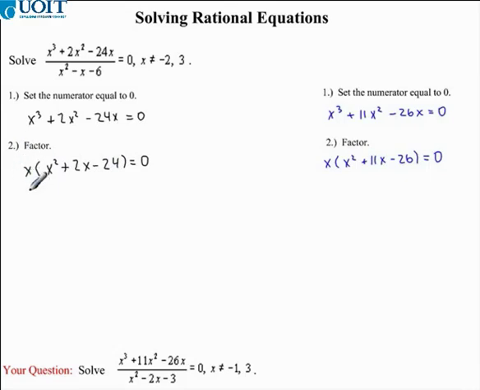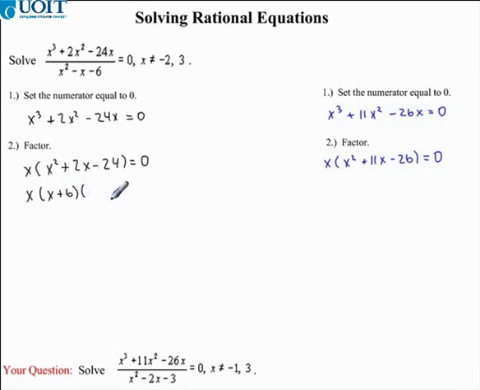So we're going to have the x left out here outside the bracket. In our first bracket, we're going to write x, and beside it we're going to write our first number, which was positive 6, or plus 6.